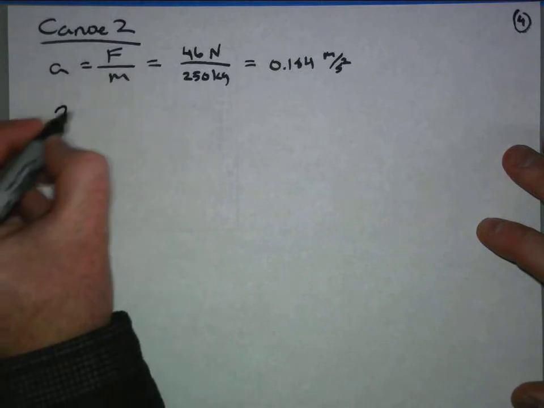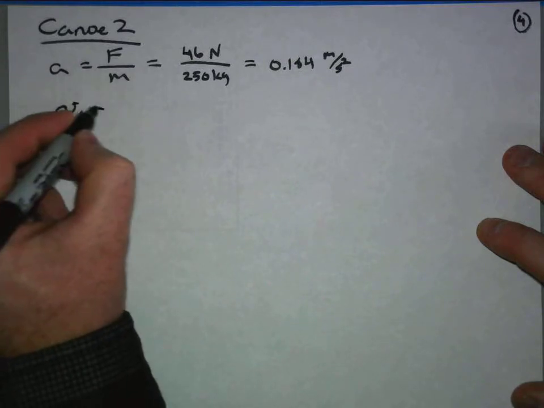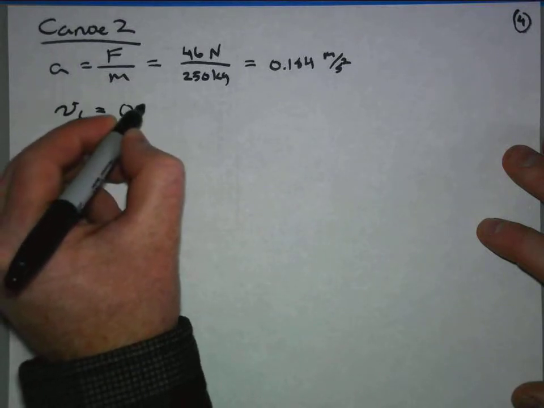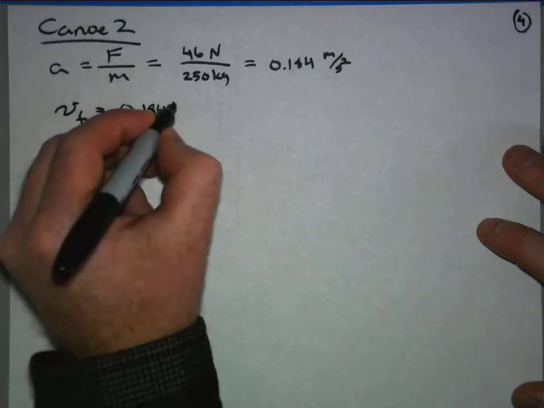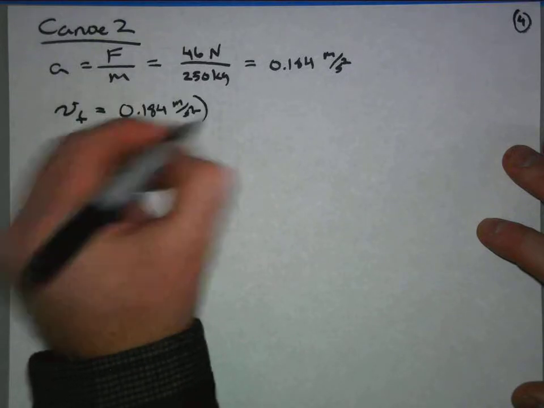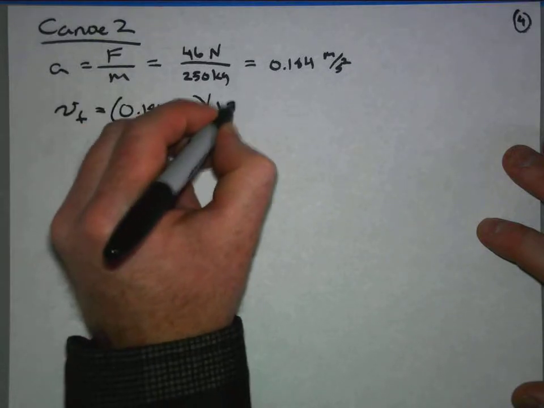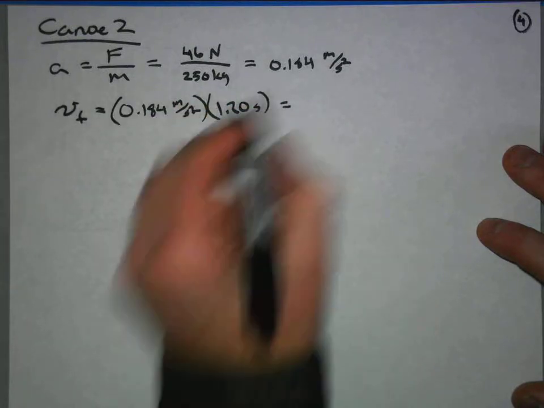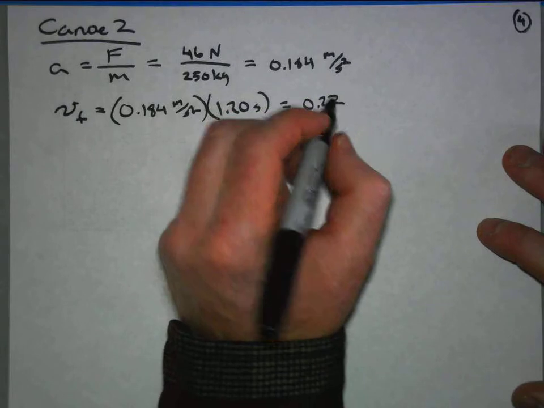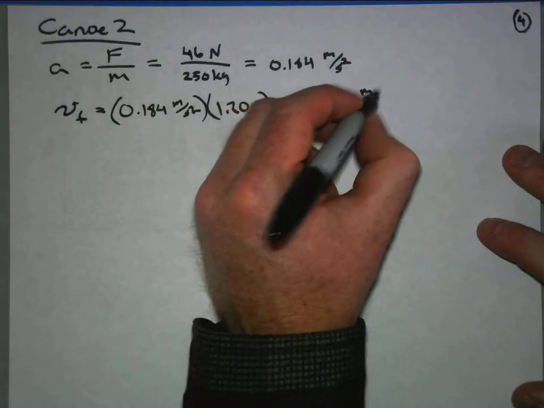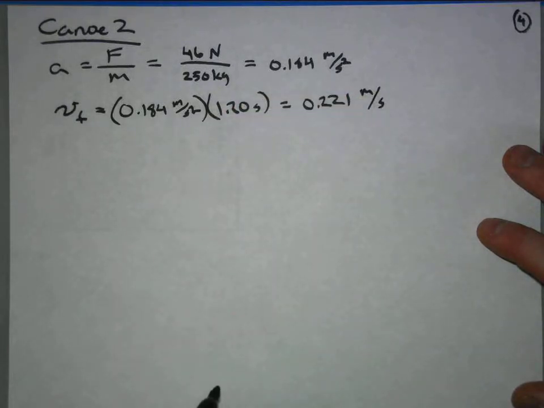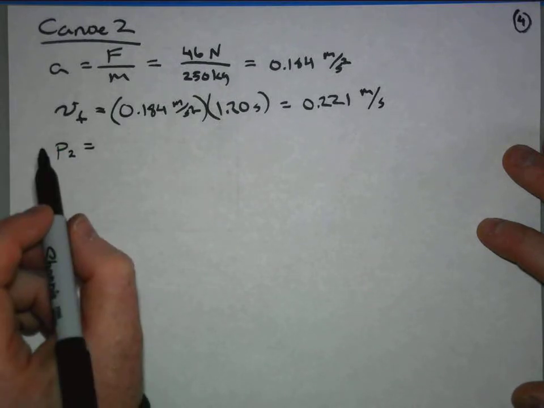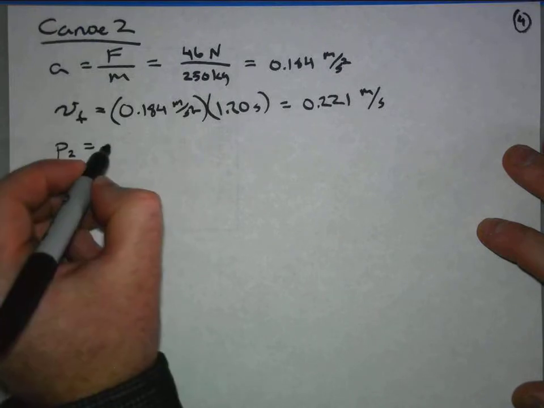Now I want a final velocity for canoe 2. I need my rate of acceleration times the time interval. Time interval is 1.20 seconds. The final velocity that I get, 0.221 meters per second. And so now I can figure out the momentum of canoe 2 after this push.